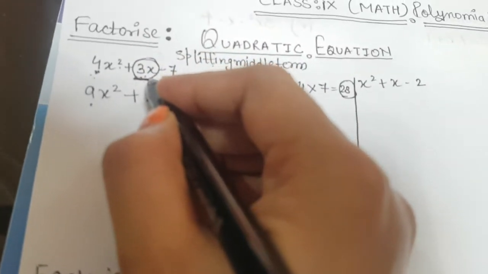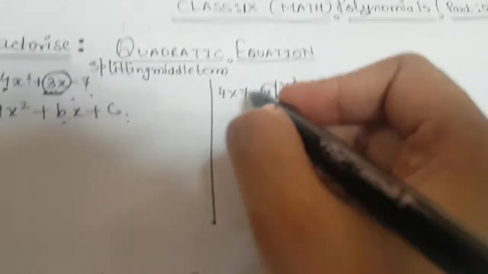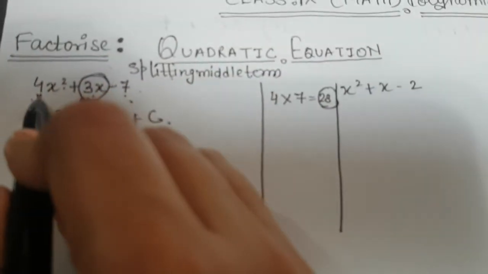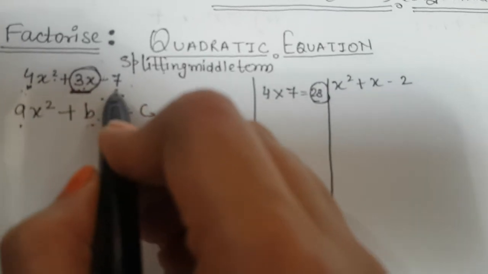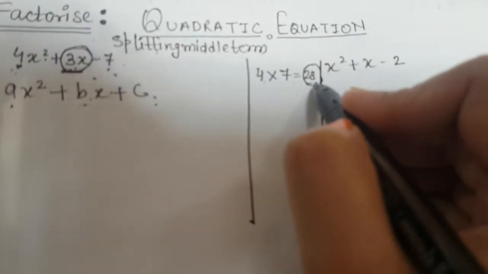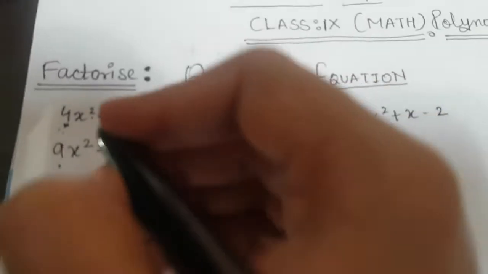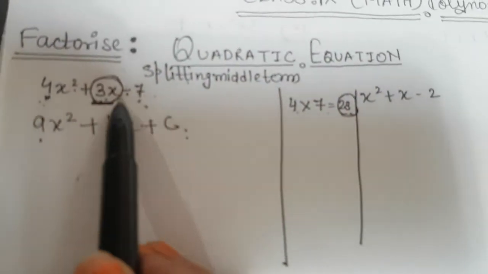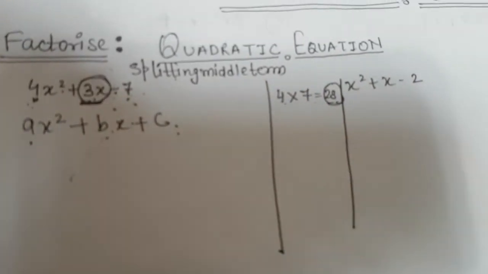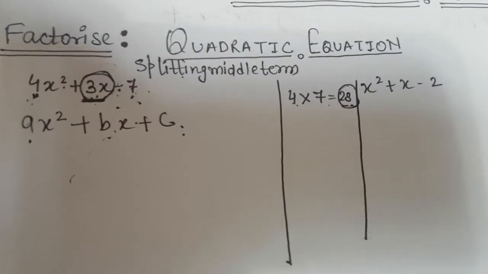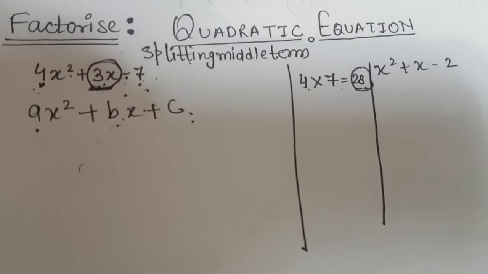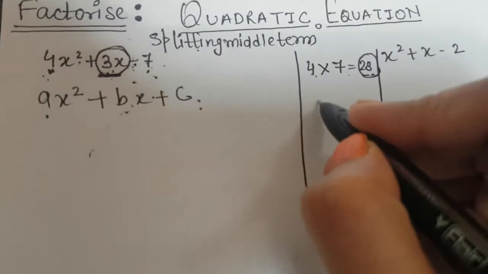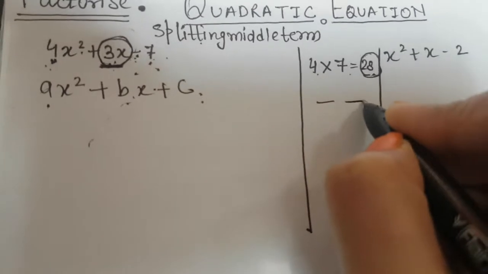But how will we split it? For this I am doing the rough work here. You first multiply the first and the last number. 4 into 7, 28. And see this sign, which is in front of the constant term. Which sign is this? Negative. It means you need two numbers.